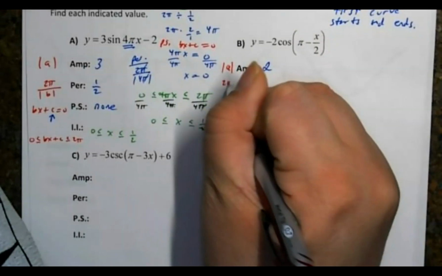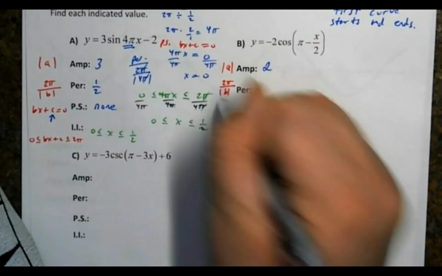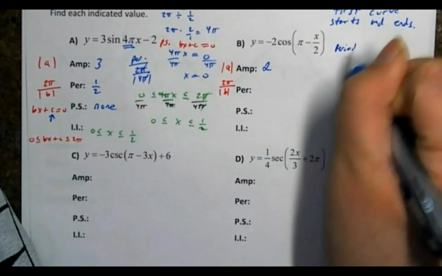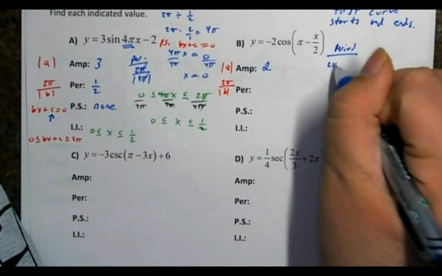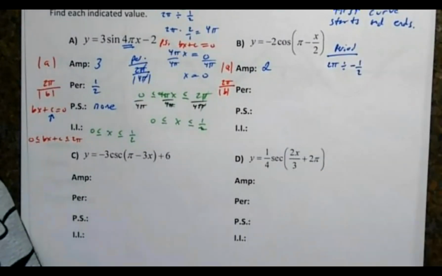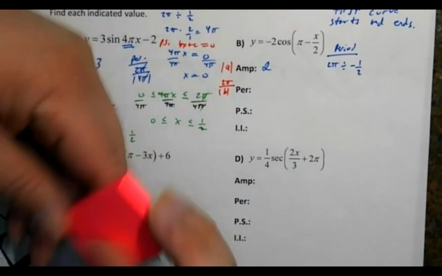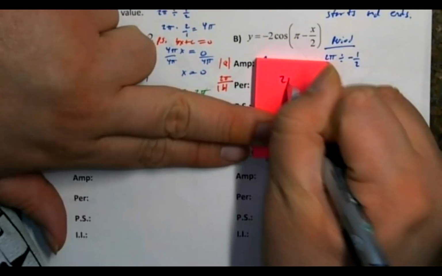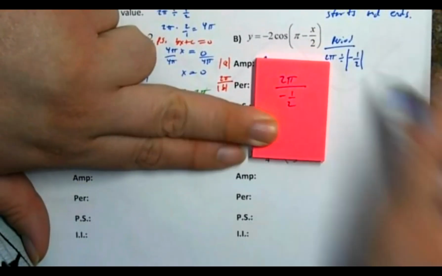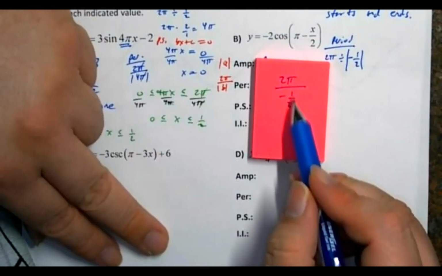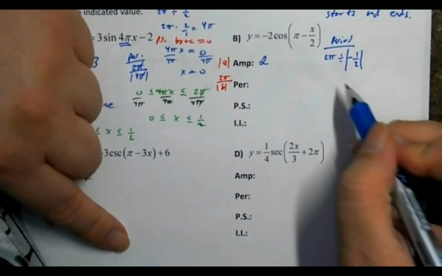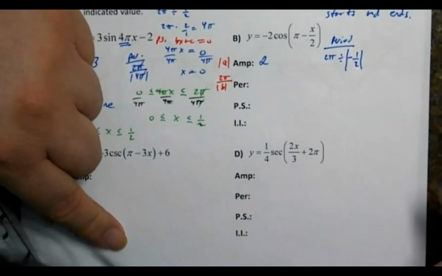The period is 2 pi divided by the absolute value of B. So I'm going to have 2 pi divided by the absolute value of negative 1/2.